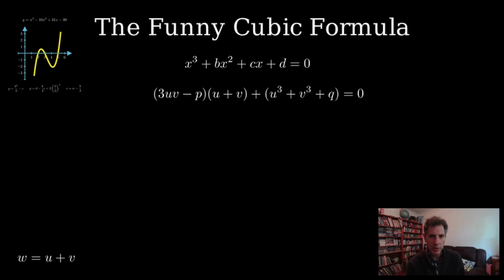This form of the equation suggests 2 conditions on u and v to make the left side identically 0. We must have 3uv minus p equal to 0 identically, and u cubed plus v cubed plus q must equal 0 identically. To solve this system of 2 simultaneous equations, we solve for v in the left equation and insert the result into the right equation.